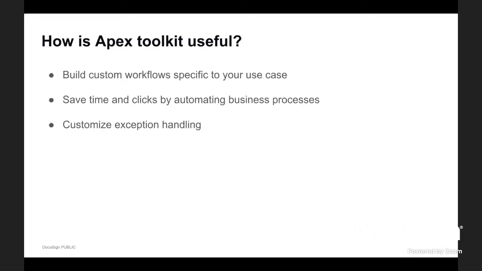One of the significant advantages is the exception handling. Apex Toolkit returns all the errors as exceptions with clear type and error message, which helps customers to easily debug, understand the error, and also show an appropriate error message back to their users.